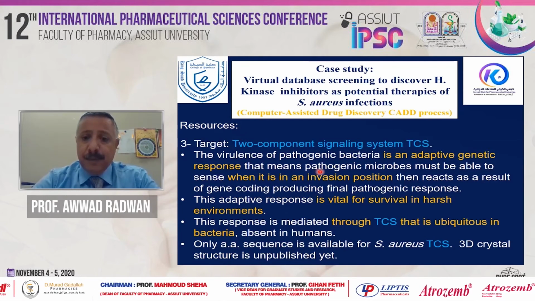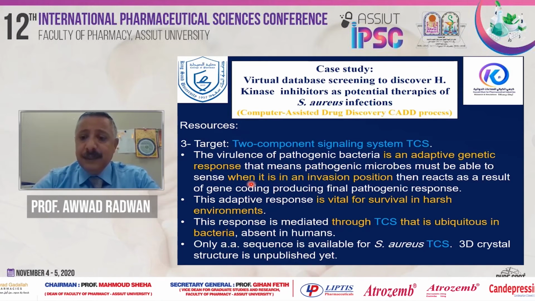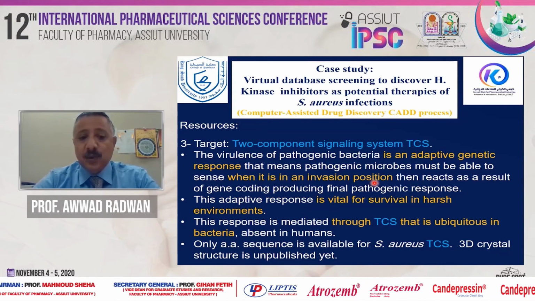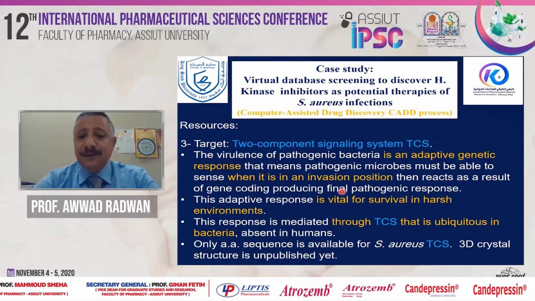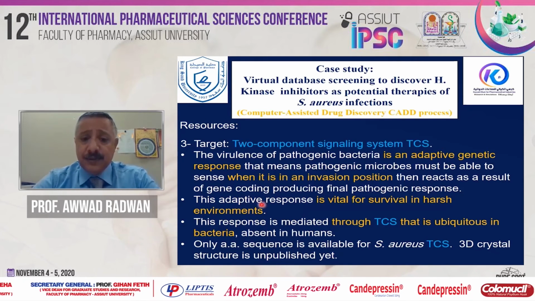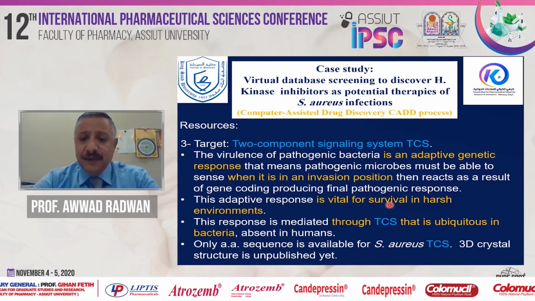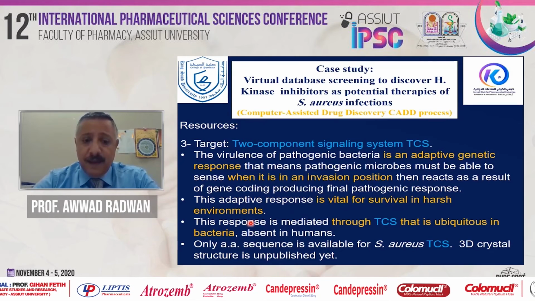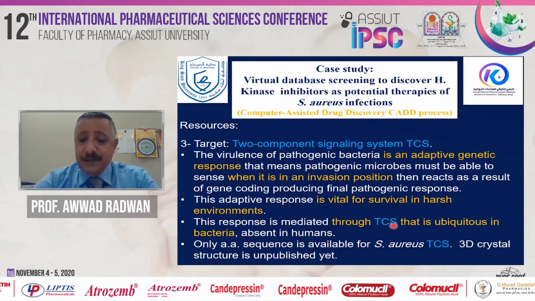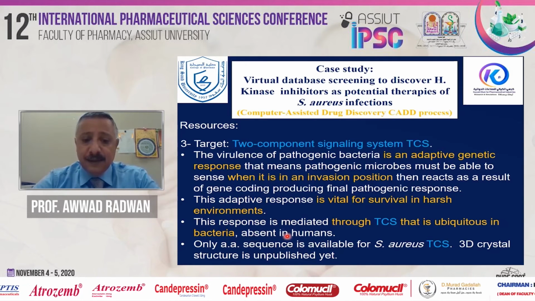That means pathogenic microbes must be able to sense when they are in an invasion position, then react as a result of gene coding, producing a final pathogenic response. This adaptive response is vital for survival in harsh environments. This response is mediated through a two-component system that is ubiquitous in bacteria and absent in humans.